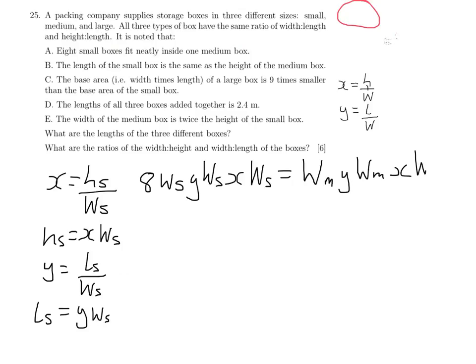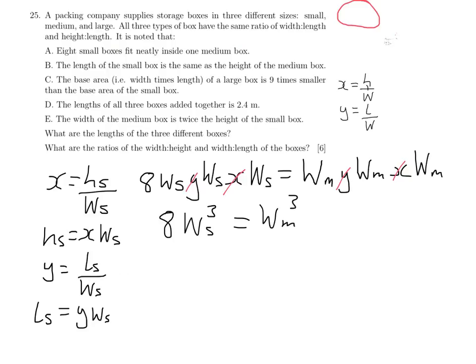So what I'm trying to do here is get rid of some of these variables. I've gone from having 6 variables originally in A, and I've whittled it down to 2 by making that substitution. The x's and the y's end up cancelling. So what we end up with is 8 times the width of the small box cubed is equal to the width of the medium box cubed.